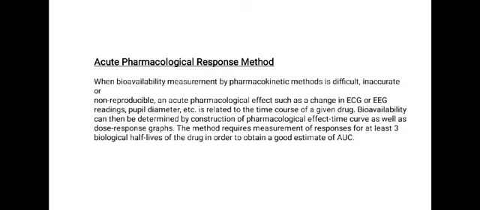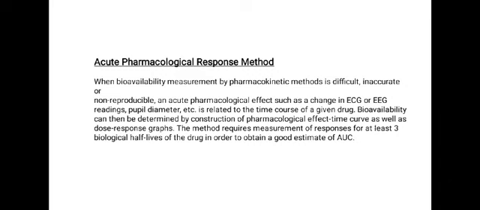Then the acute pharmacological response method. When bioavailability measurement by the pharmacokinetic method is difficult, inaccurate or non-reproducible, an acute pharmacological effect such as a change in ECG or EEG reading, pupil diameter, etc. is related to the time course of a given drug. Bioavailability can then be determined by construction of a pharmacological effect time curve as well as a dose response graph.